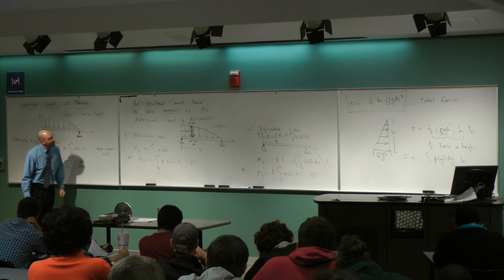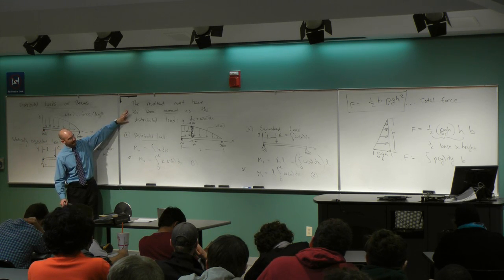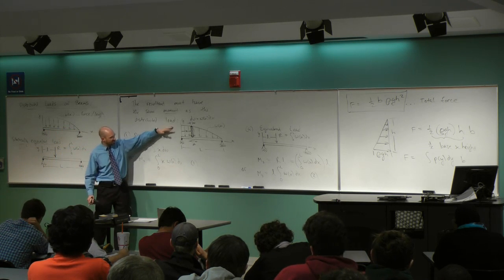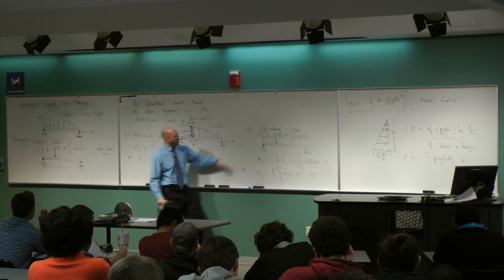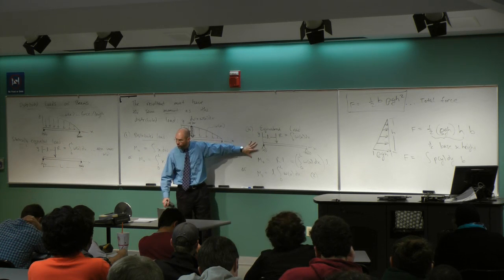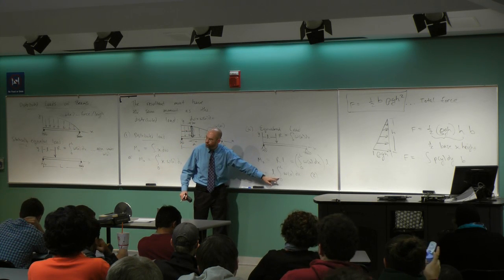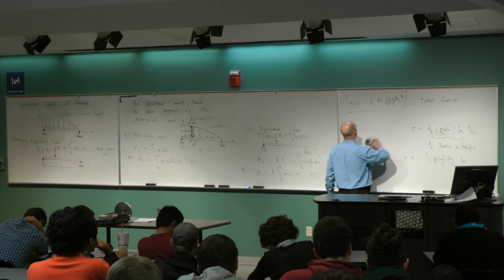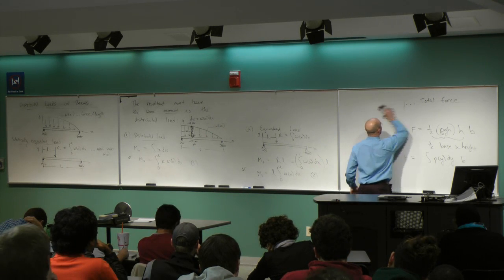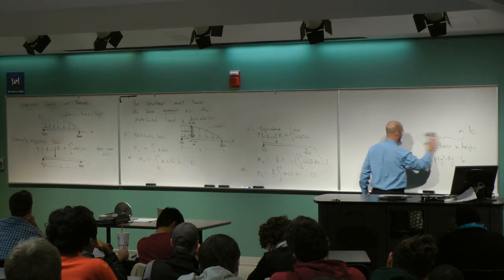If it is, then the moment has to be the same. For the distributed load, this is the moment, equation 1. For the point load, this is the moment, equation 2. So if it's equivalent, what can I say about equations 1 and 2? They have to be equal, right?